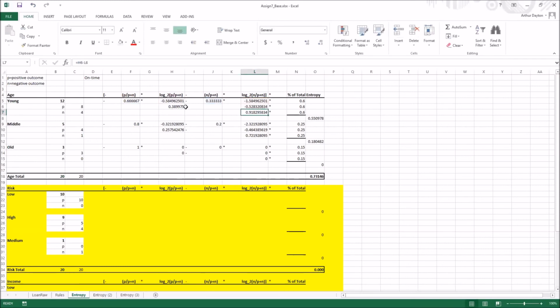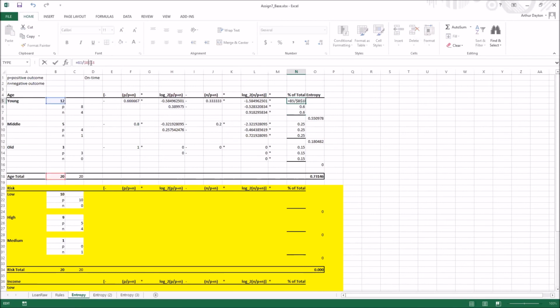Then we subtract the second value, which happens to be a negative, from the first, which is the equivalent of addition, and then we multiply it by the percent of the total that this represents.